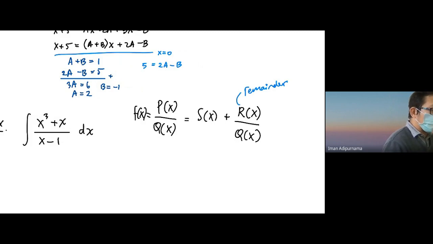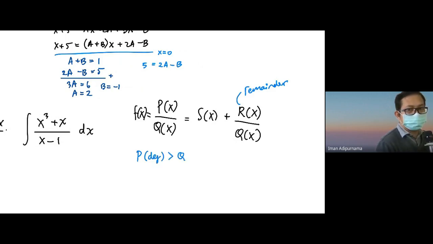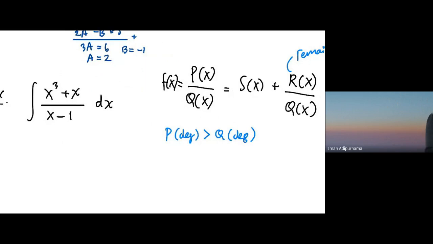So the idea here is if the p degree is greater than the q degree, which means the polynomial degree, then one way to solve this is we can use long division.